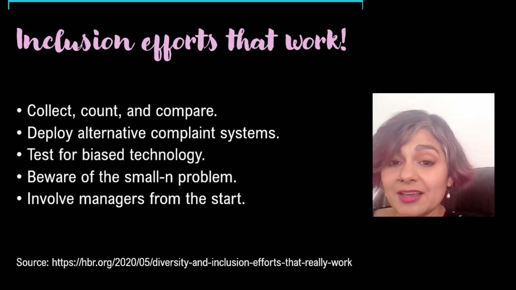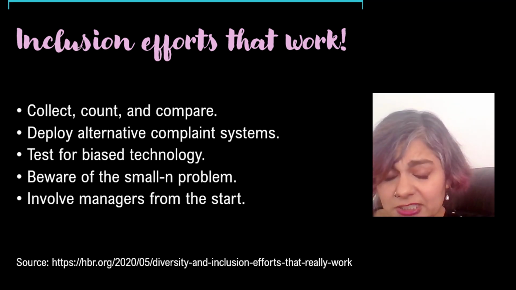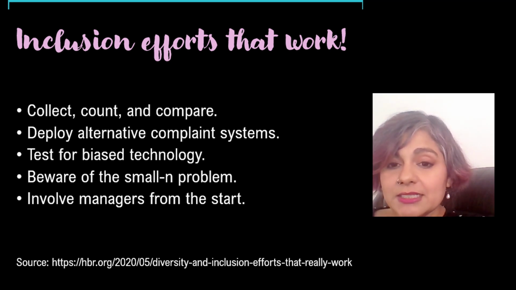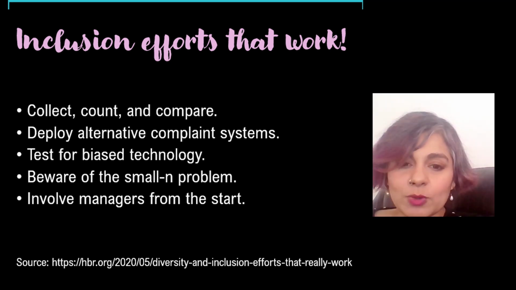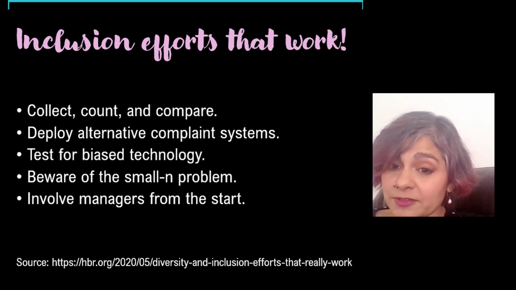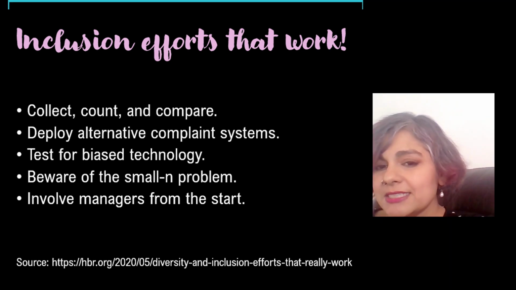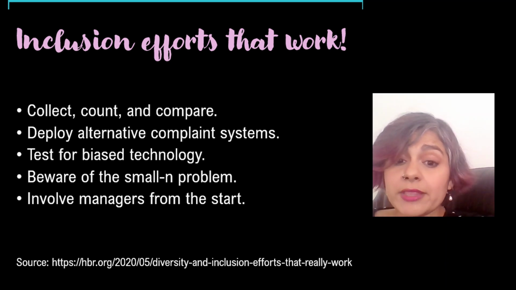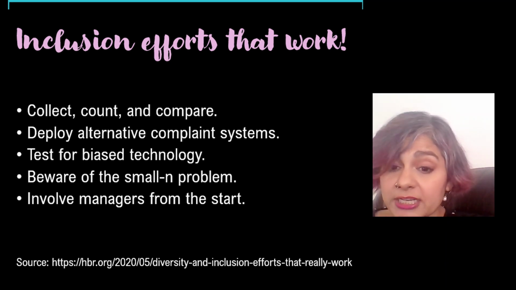The third one, which is something which is really pertinent to the world of today, is to test for biased technology. Technology is ubiquitous in the workplace today. It holds powerful potential to increase efficiency, but there's also a concern that technologies can reproduce or even exacerbate group-based inequalities, whether by race, gender, or other social categories.